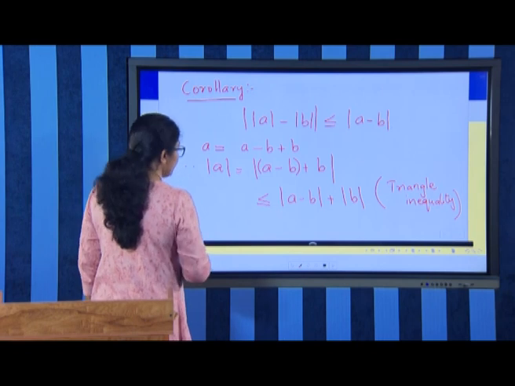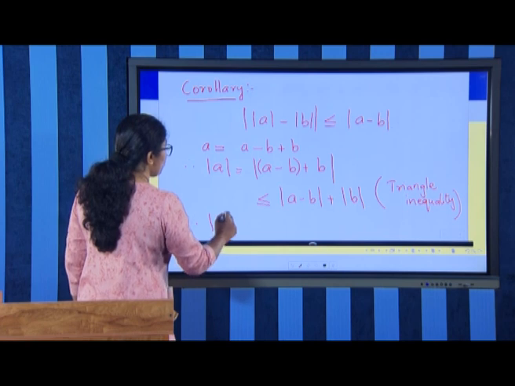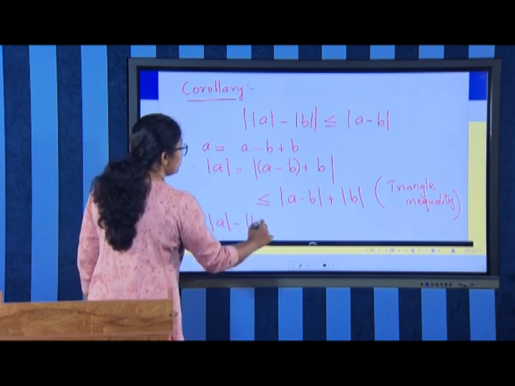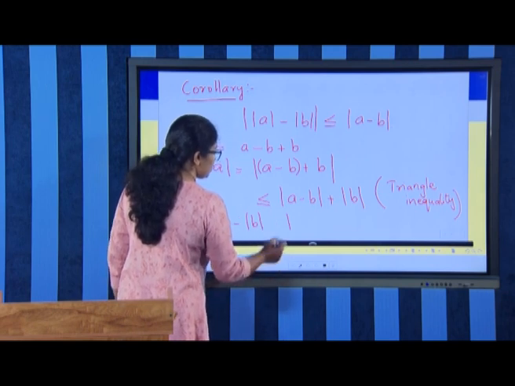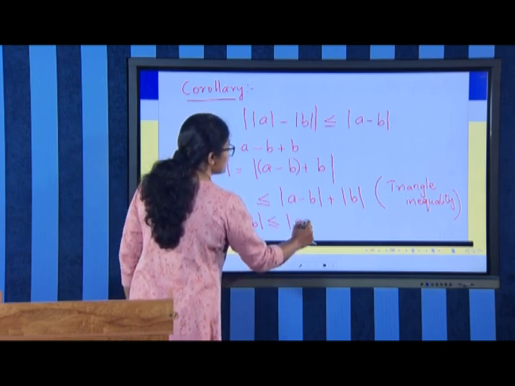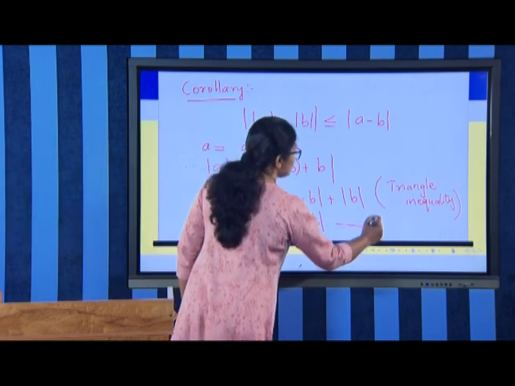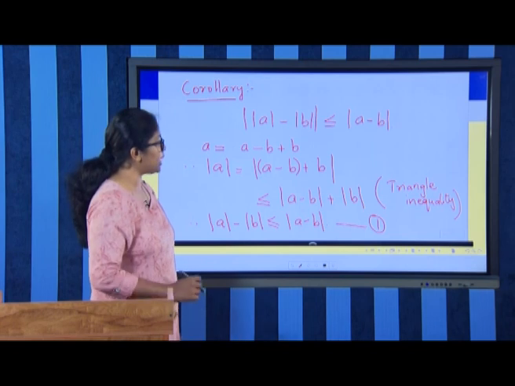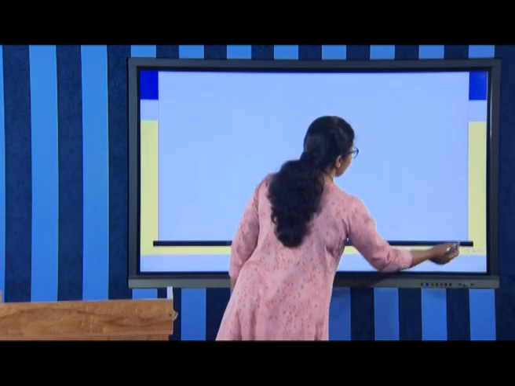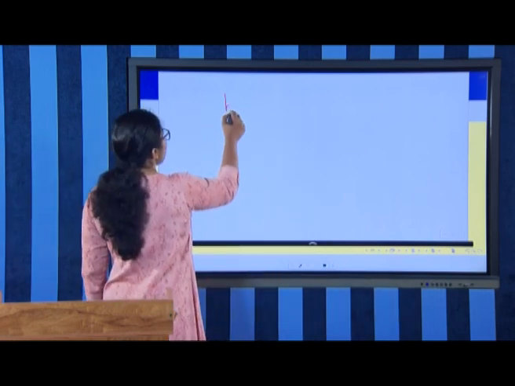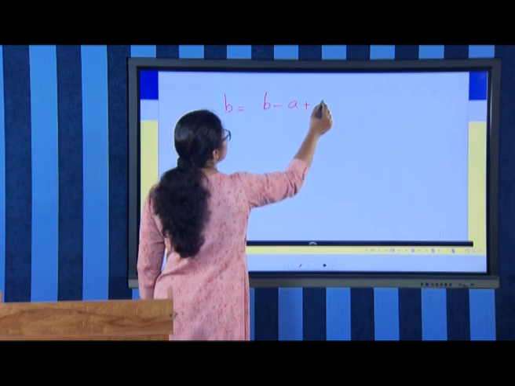So, taking mod b to the left side, we do have mod a minus mod b is less than or equal to modulus of a minus b. Name it as inequality number 1. Then, starting with the number b on the other side, we have b is equal to b minus a plus a.